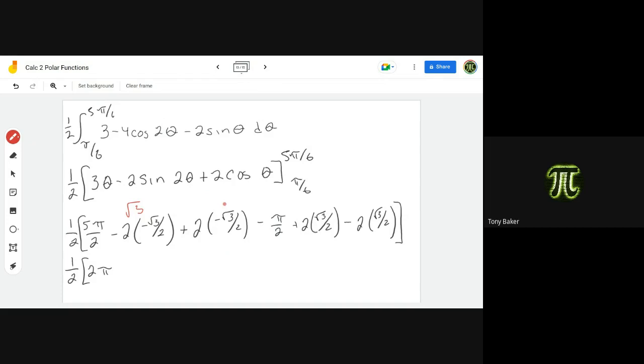That becomes minus square root of 3. That becomes square root of 3, and that becomes minus square root of 3, which should cancel everything out. So the answer is pi. You're like, all that work for pi, and it's not even a chocolate cream one.